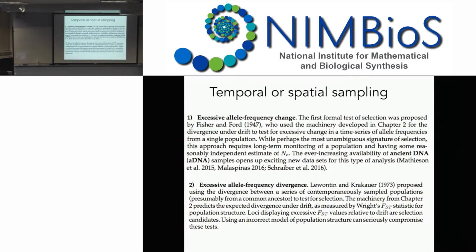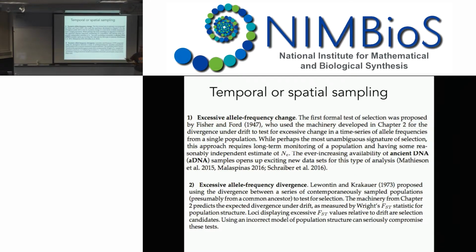So just kind of going through, excessive allele frequency change. The first formal test was Fisher and Ford, 1947. But here's a cool idea, you can use ancient DNA, and here's some references for applying this, and look at allele frequencies in a small sample from individuals which are 3,000 years old, and look at contemporaneous allele frequencies and ask if any of those are excessive.